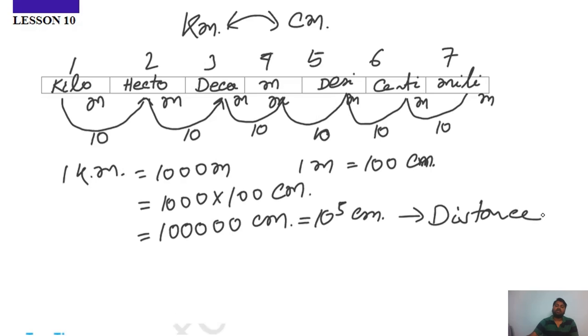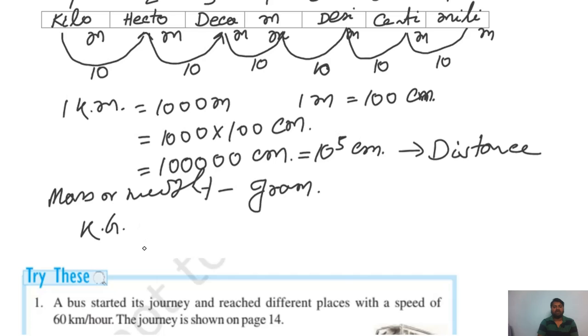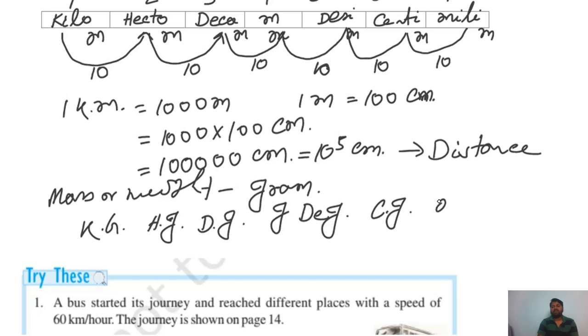When we measure mass or weight, we use gram, and this is also similar. Here we use kilogram, hectogram, decagram, gram, decigram, centigram, and milligram.